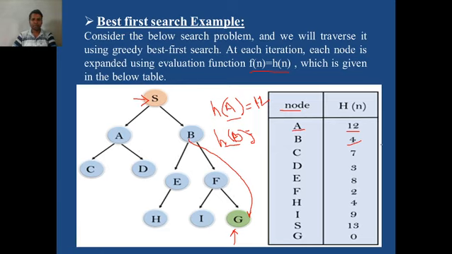You want to reach the goal node G by one of the paths, but the path must be the optimal path. This path can be from S to A to D, D to E, E to F, F to G, or it can be via S to B, B to F, F to G. So we have to find the optimal path based on the heuristic cost or heuristic function. Okay, so this is our problem.